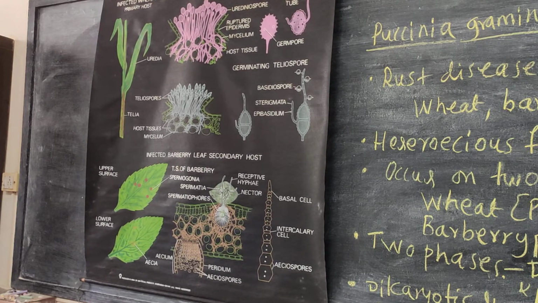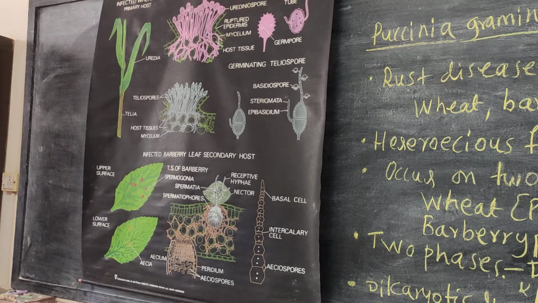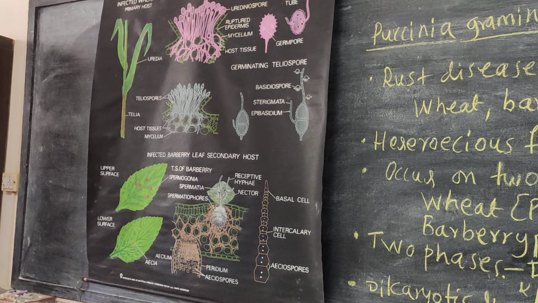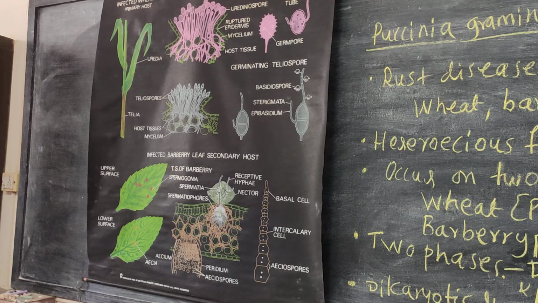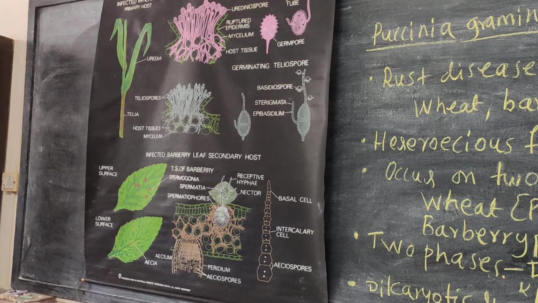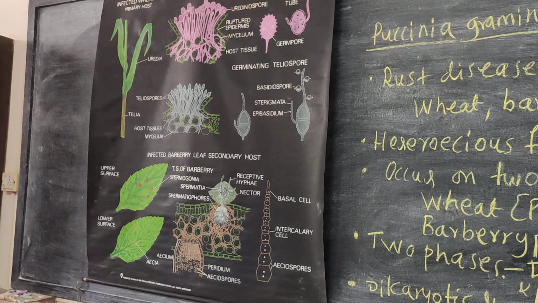It has a thick wall consisting of two layers, outer exine and inner intine. The wall has four thin areas called germ pores.